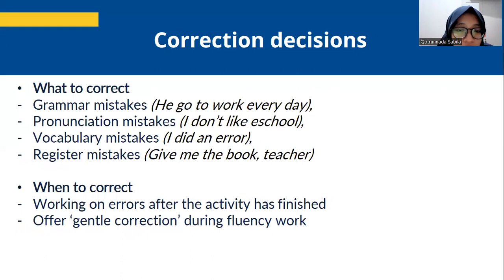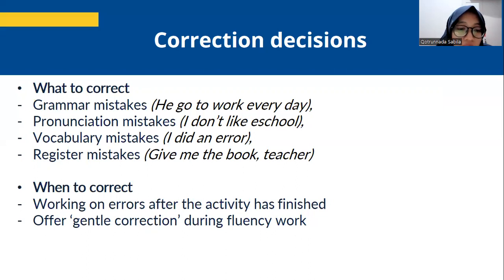And then correction decisions. Among the many incorrect language features that students can produce are, for example, grammar mistakes, such as "he go to work every day", and pronunciation mistakes, vocabulary mistakes, register mistakes, or any combination of these. When students make more than one mistake, we have to decide which one we want to focus on.